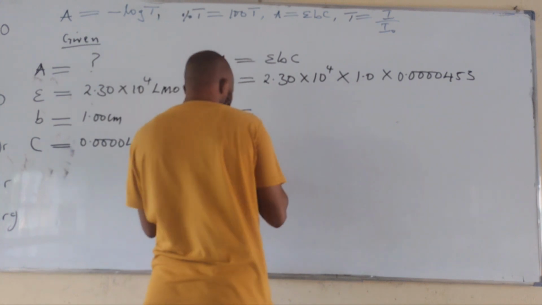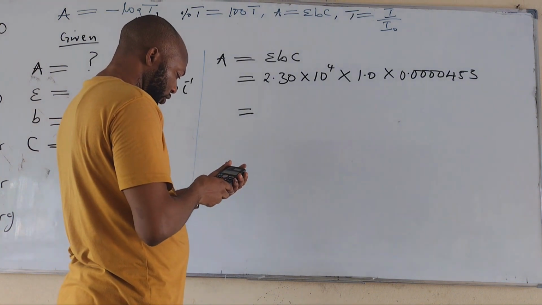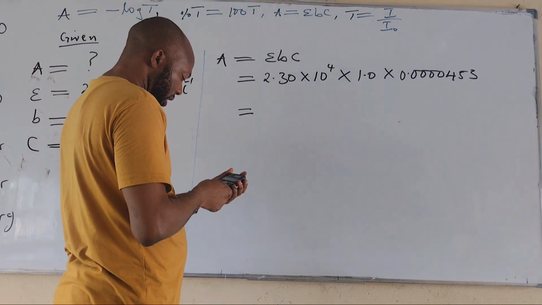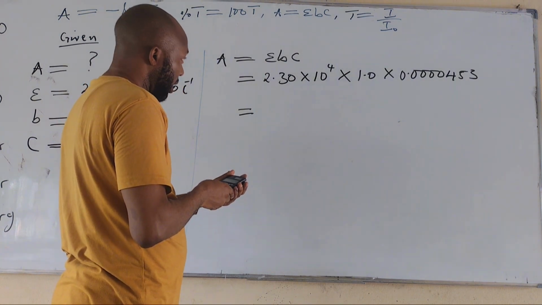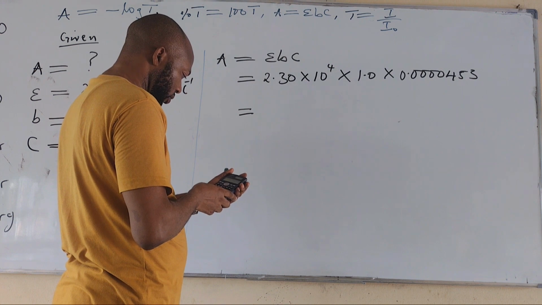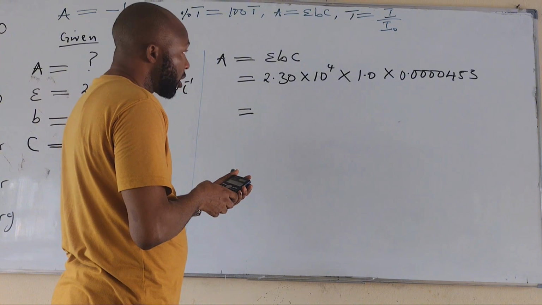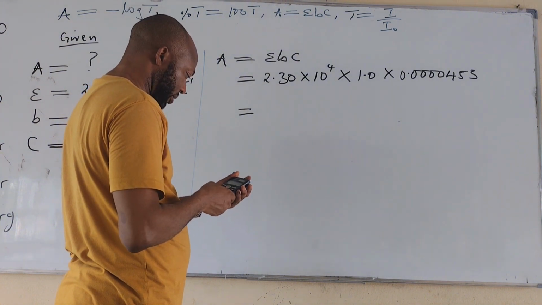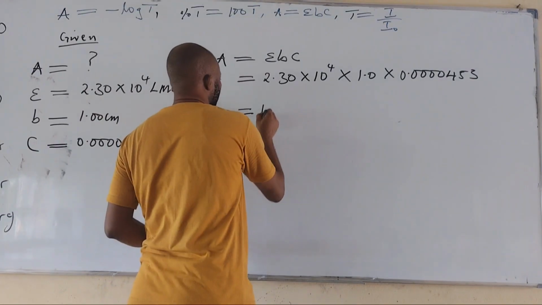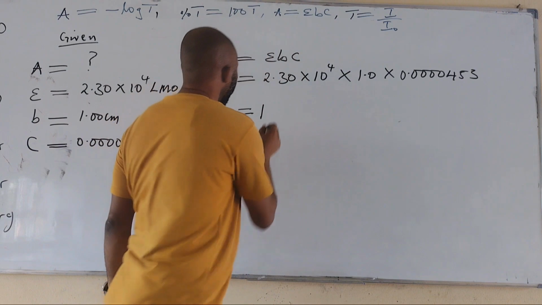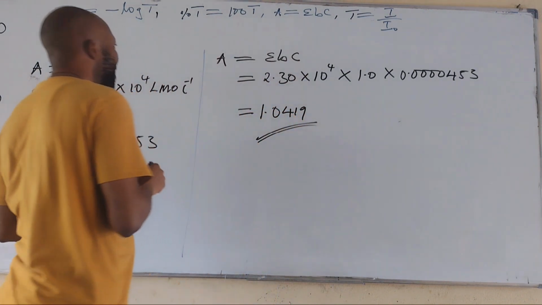This is equal to 2.3 times 10 raised to the power of 4 times 0.0000453, which is 1.0419. That becomes our absorbance.